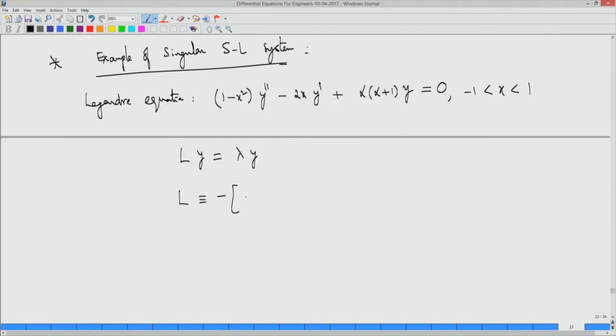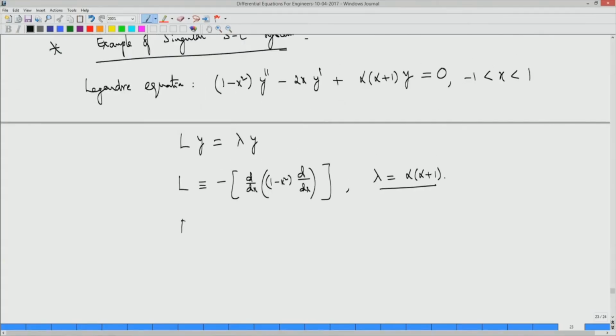So, P is 1 minus x square, and L is d/dx of (1 minus x square) into d/dx, and q is 0. There is no q here, this is your L. What is lambda? Lambda is simply alpha into (alpha plus 1).